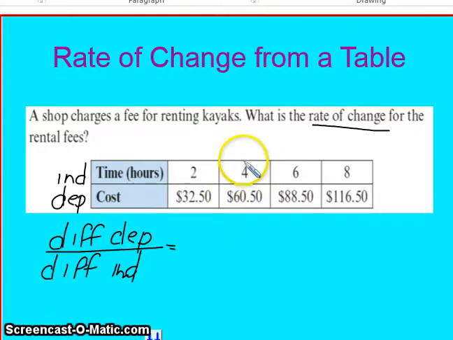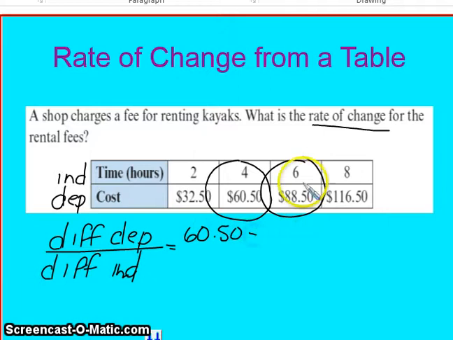Now I think I'm going to use this point as my first point and this one as my second point. Now it doesn't matter which 2 you choose as long as you stick with those 2. So my dependent variable is cost, and I'm looking for the difference in my cost between these 2 points. So I have, in my first point, the cost was $60.50. At my second point, the cost was $88.50.